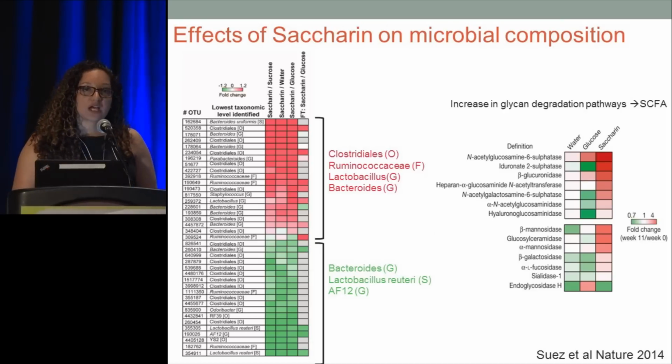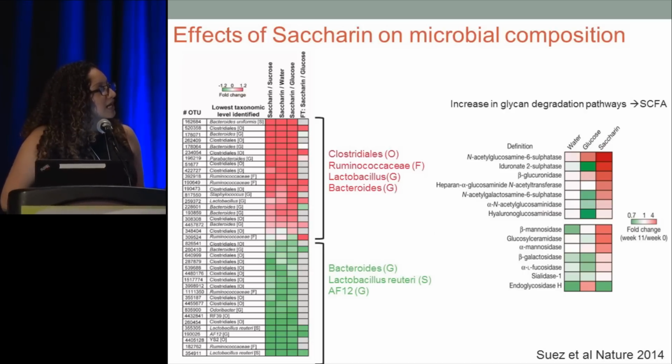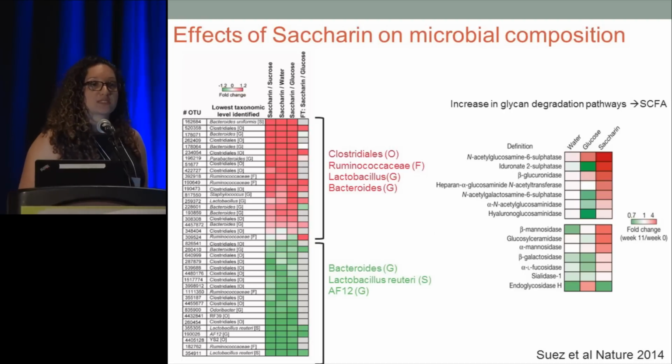Next, they used shotgun genomics to look at the microbial genes that have been altered. And what they determined, there were several genes involved in the glycan degradation pathway that were increased. These genes are involved in the production of short-chain fatty acids, which would increase the amount of nutrients available to the host.